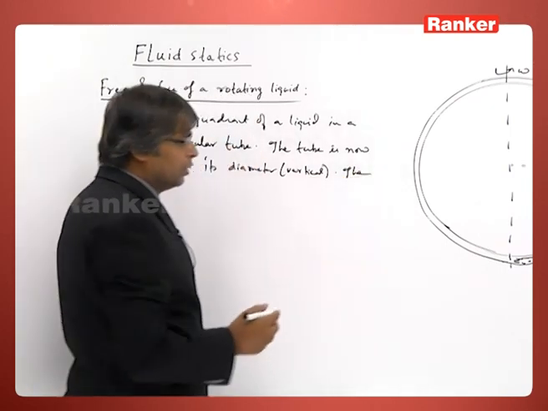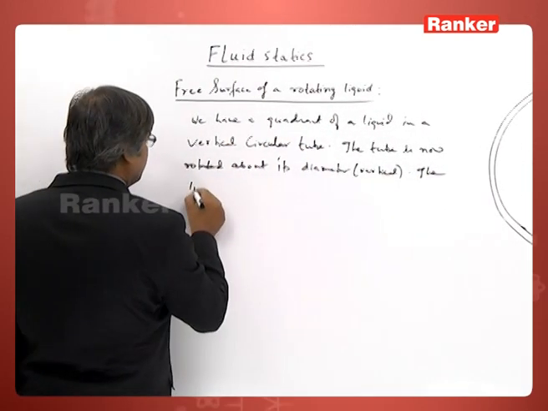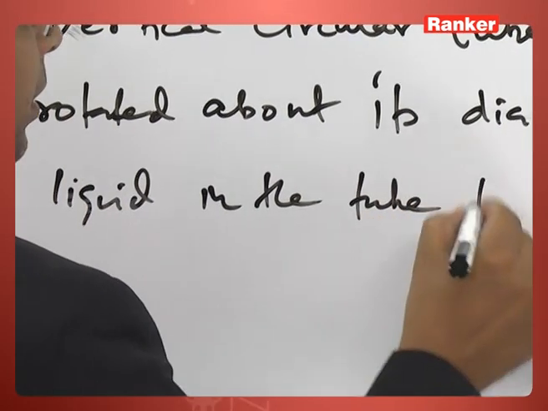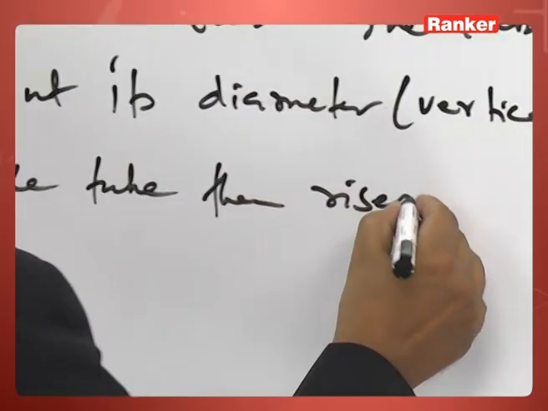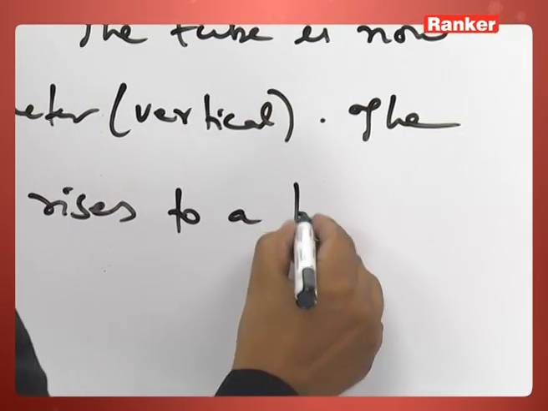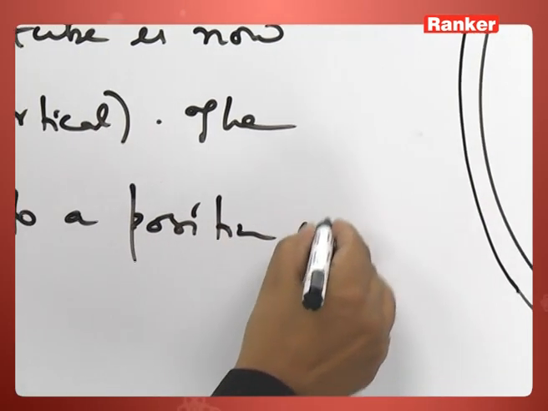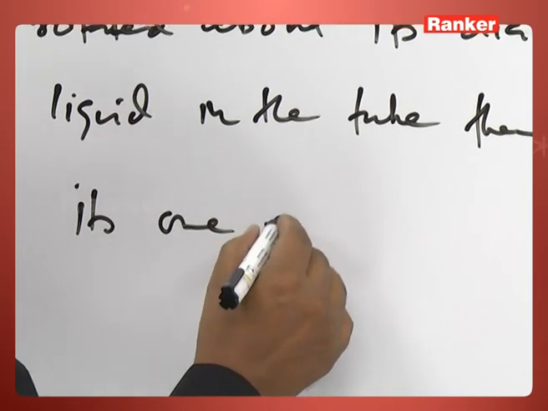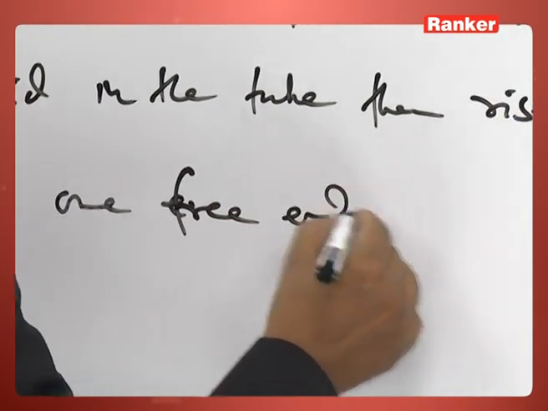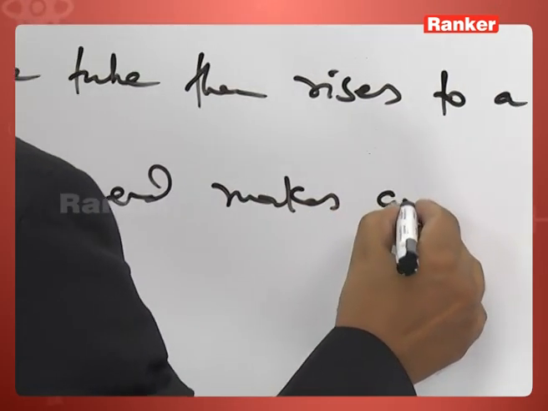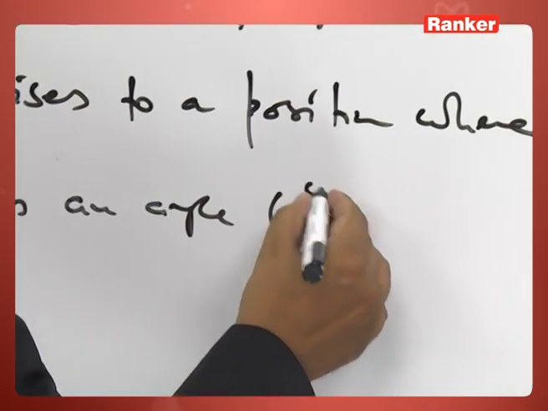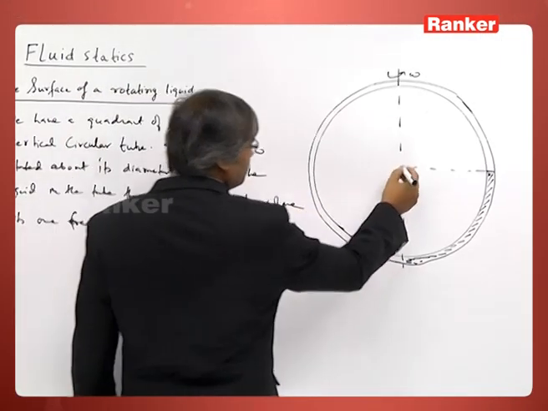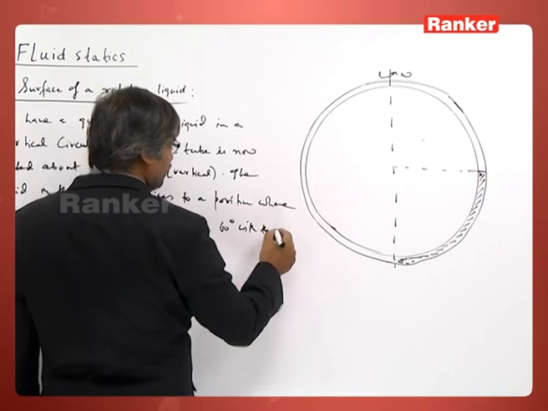So, now the liquid in the tube rises to a position where its one free end makes an angle of 60 degrees with the vertical.